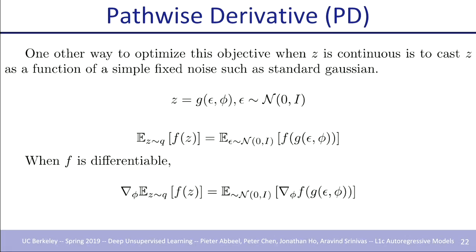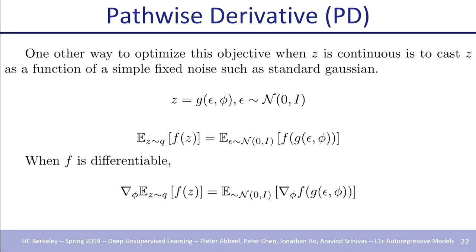Another way to do this is to use the pathwise derivative estimator, where you reparameterize your z as a deterministic function of some noise variable epsilon and parameters phi. Epsilon can be sampled from a very simple, fixed noise source, like a standard normal Gaussian. So the expectation over z from q of f of z can now be rewritten as the expectation over epsilon of f of this deterministic function.